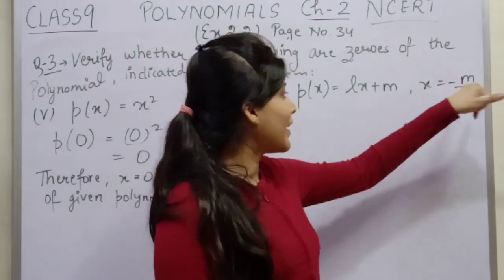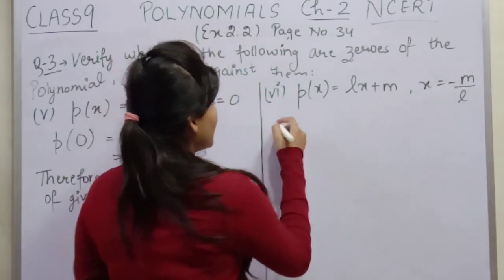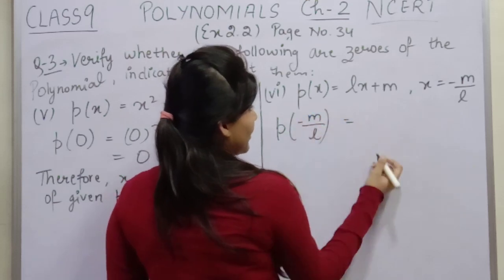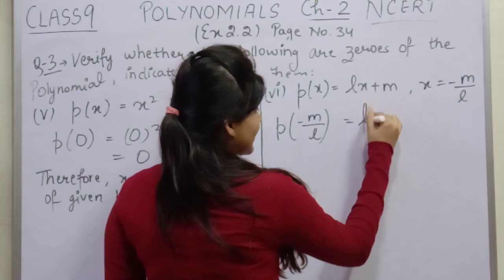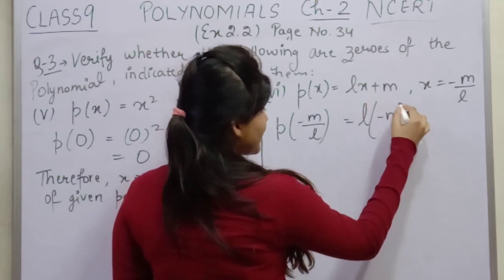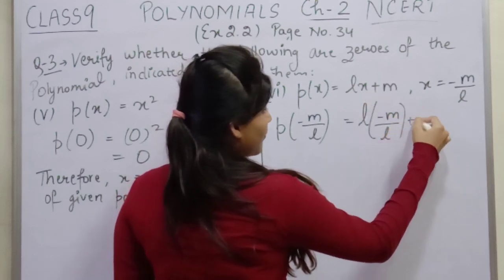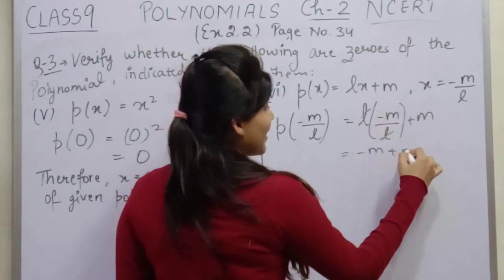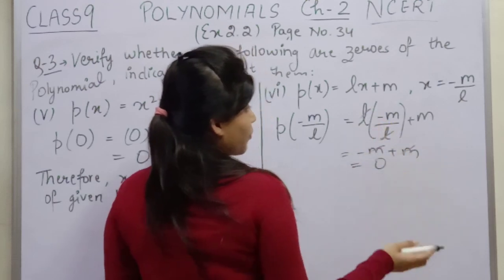So for that हम x की ये value put करेंगे इधर. So x की place पे आएगा minus m upon l. Okay, so l as it is, x की place पे आएगा minus m upon l plus m. So l से l cut, minus m plus m, which is 0.